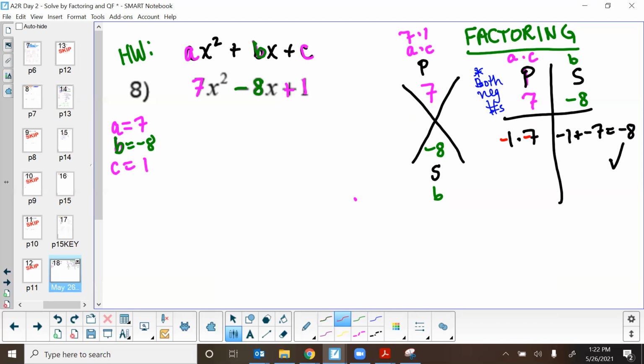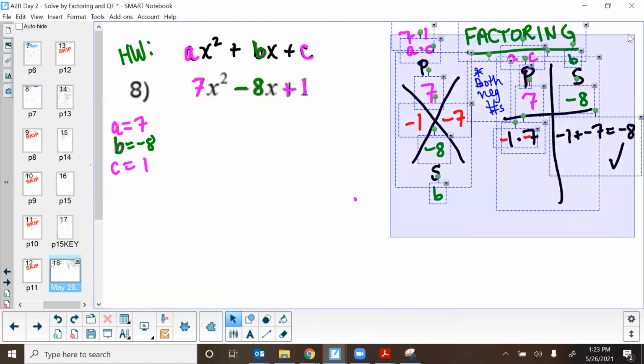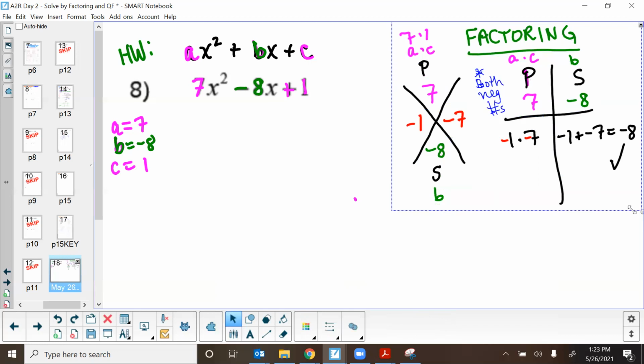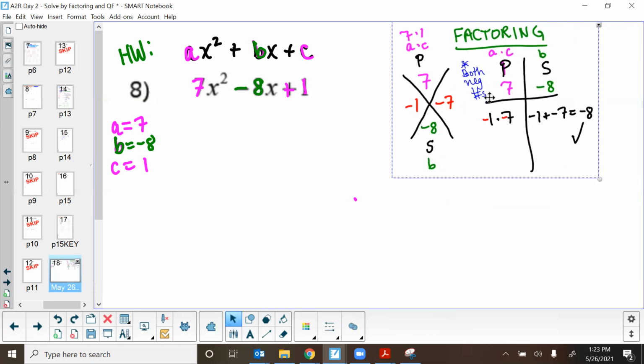And so if you're putting them in here, it would be these two numbers. And then the question is, what do we do with those numbers? So I'm just going to make this a little smaller so we have a little more room to work.